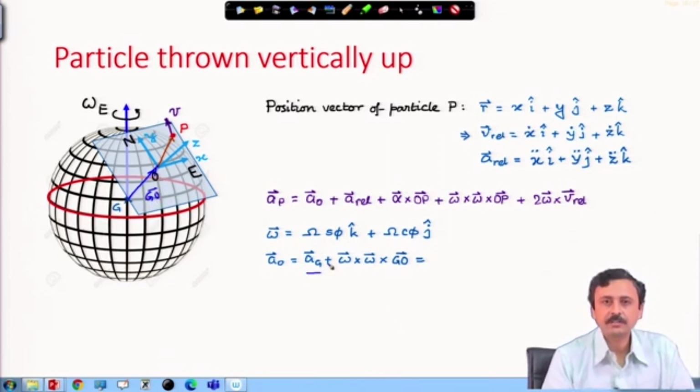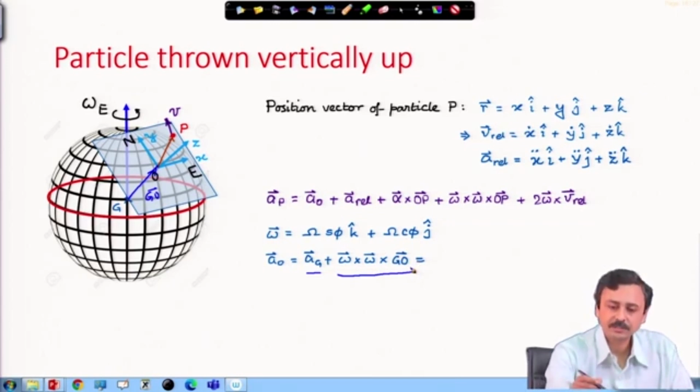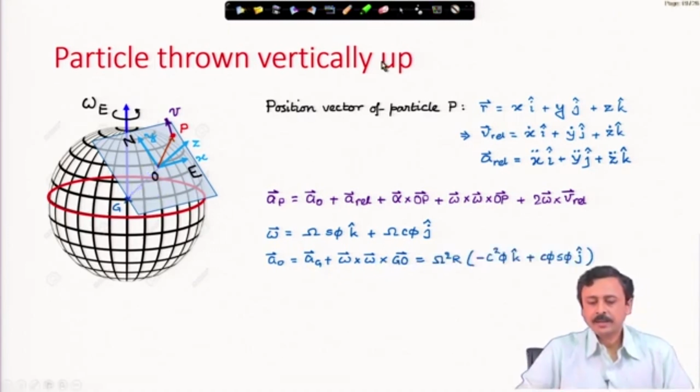The acceleration of the center of the earth is because of its rotation about the sun, and omega cross GO is because of the spin of the earth. We are going to drop the acceleration of the center of the earth moving around the sun. We are going to only consider the acceleration of O because of the spin of the earth, as if G is fixed.